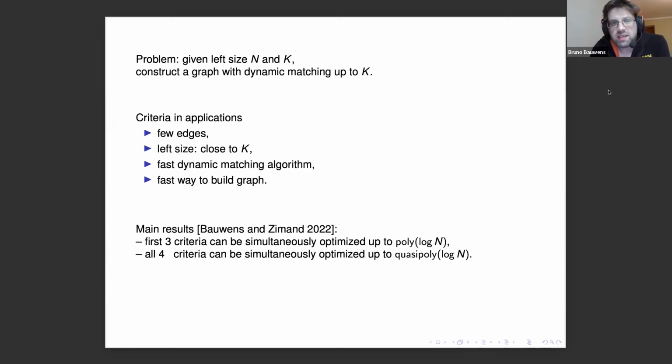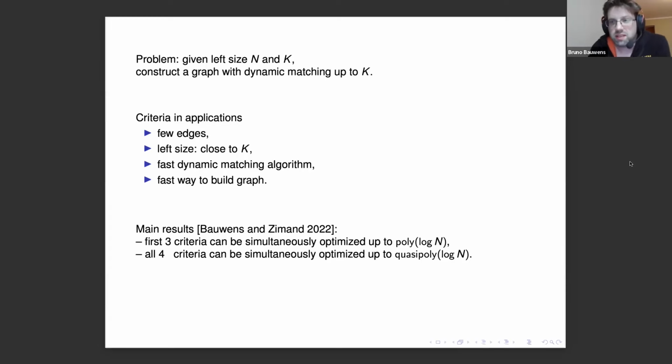We want a fast dynamic algorithm, a fast way to build the graph. Our main result is that we can build such graphs in which the first three criteria are optimal up to a factor polynomial in log n. That means the number of edges is close to the theoretical lower bound.